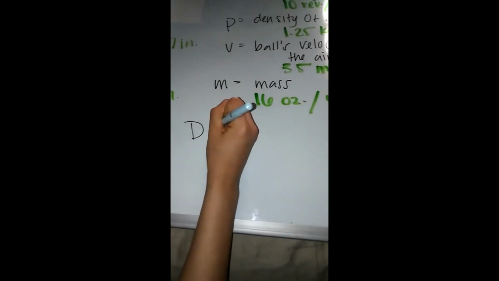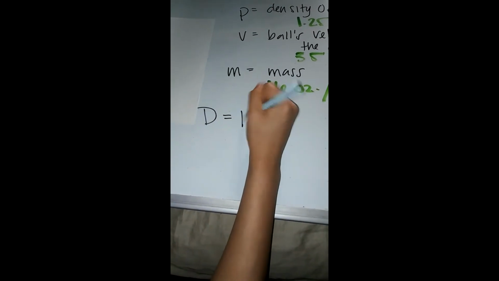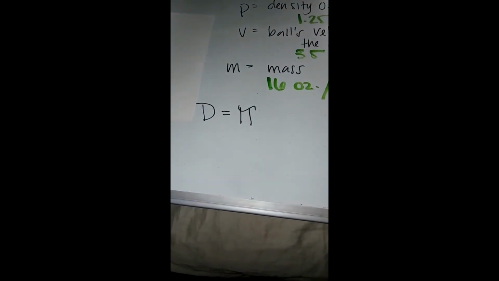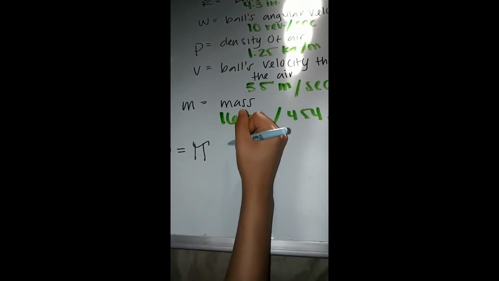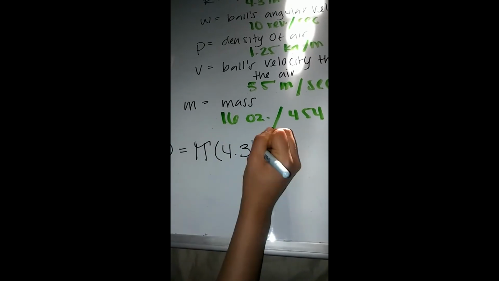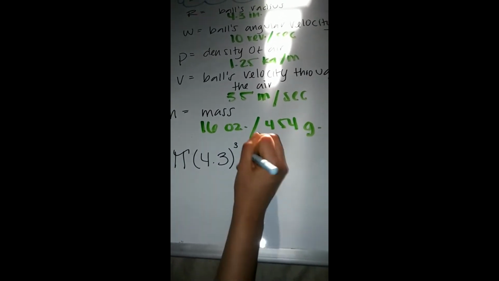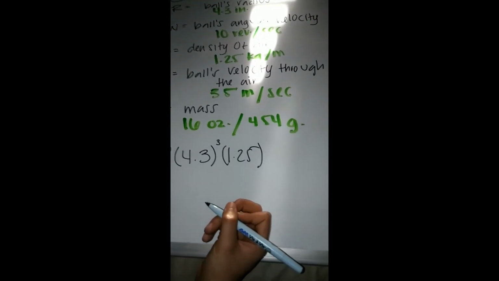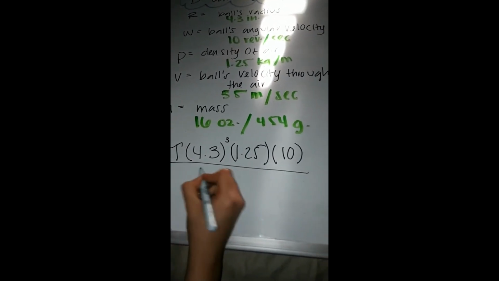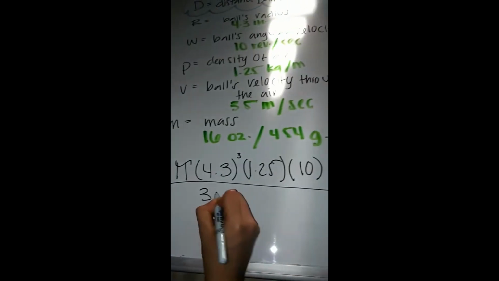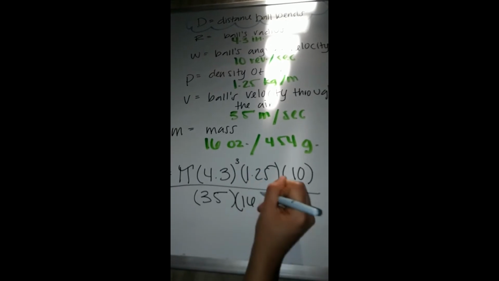So, D equals pi times r, which will be 4.3 cubed, times p, which is 1.25, times w, which is 10, over v, which is 35, times m, which is 16.